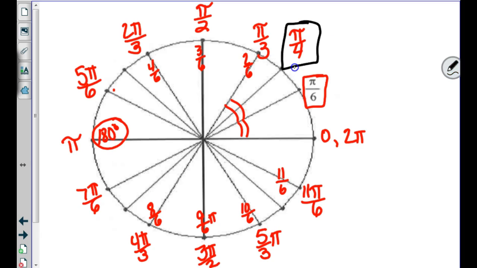We had this guy was pi over 4. 2 of them, well, it's already reduced to pi over 2. So then this is what? 3 of them. 4 of them, well, 4 pi over 4 reduces to pi. Okay. Then we have what down here?